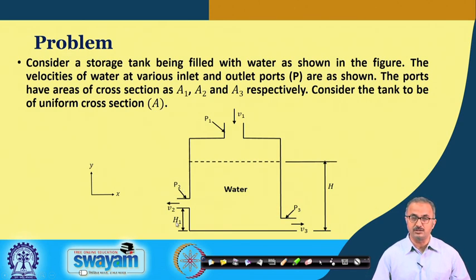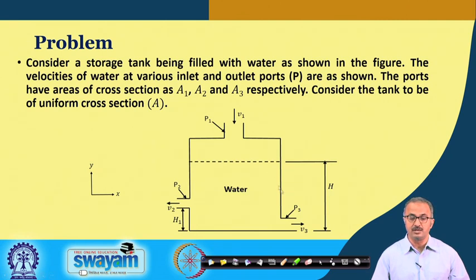Then we have the H1, that is the height of the port P2 from the bottom of the tank. And here the liquid height from the bottom of the tank is taken to be H, and this V1 is the velocity of the incoming water, V2 is the velocity of the outgoing water from port 2, and V3 is the velocity of the outgoing water from port 3.